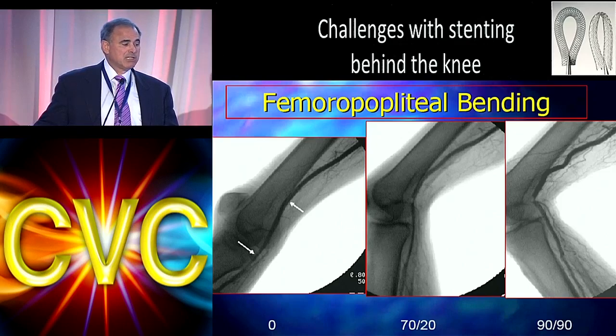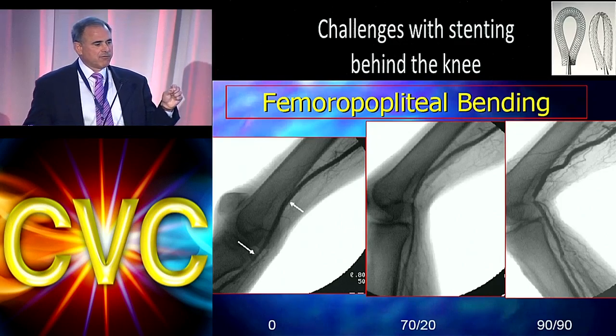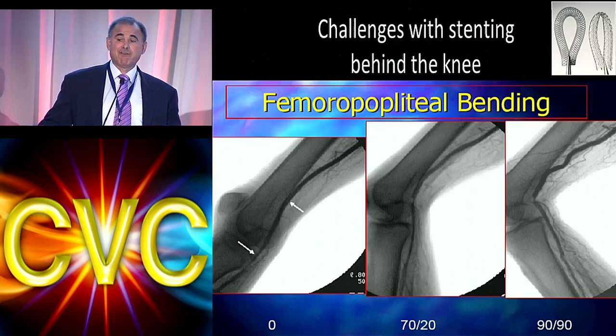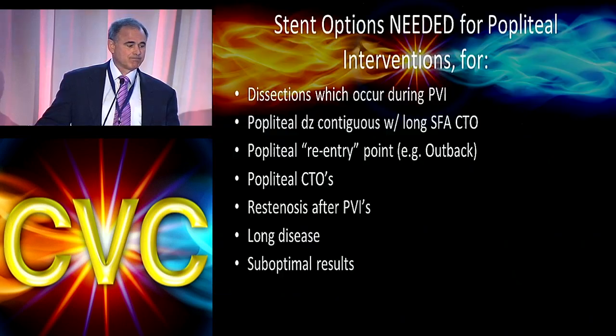But we didn't include enough in that. We can see that often, even when by IVUS at rest with a straight leg we get a great result at the popliteal, when the leg bends, standard slotted nitinol stents kink, and in fact, often kink to the point that there is no flow at all.